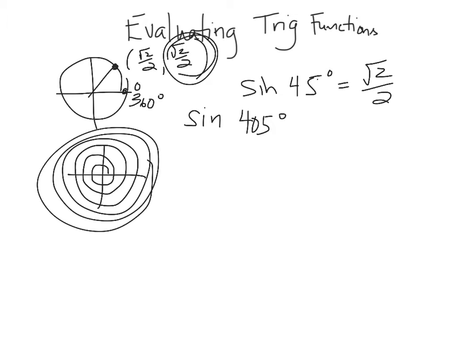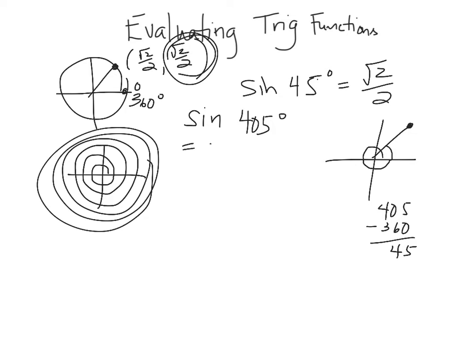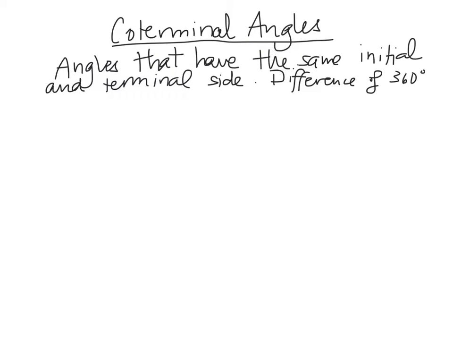So 405 just means I have to go around more than once. So that's 360, then I have to go 45 more degrees because 405 minus 360 gives me 45. So sine of 405 degrees is the same thing as sine of 45 degrees, which is square root of 2 over 2. These are called coterminal angles.